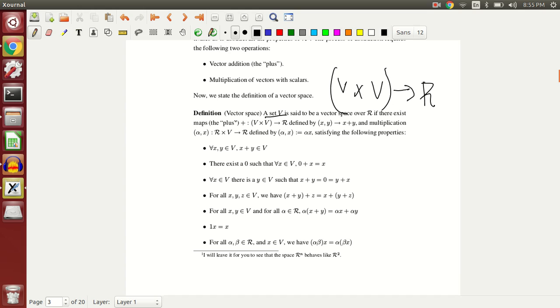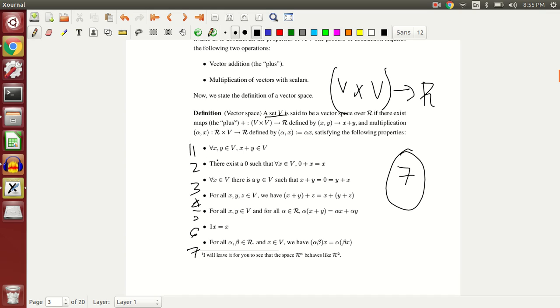So basically a vector space follows all these properties. These properties haven't been numbered, but you can probably list them: 1, 2, 3, 4, 5, 6, 7. All these 7 properties make up a vector space.